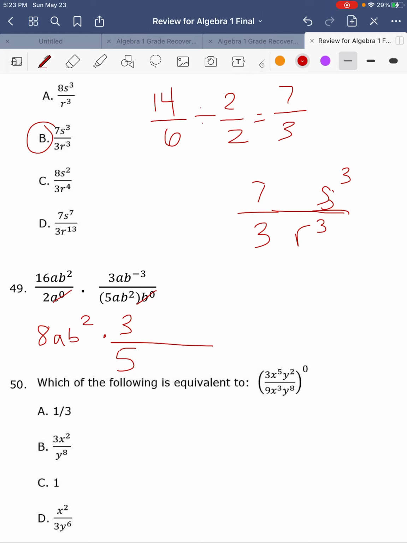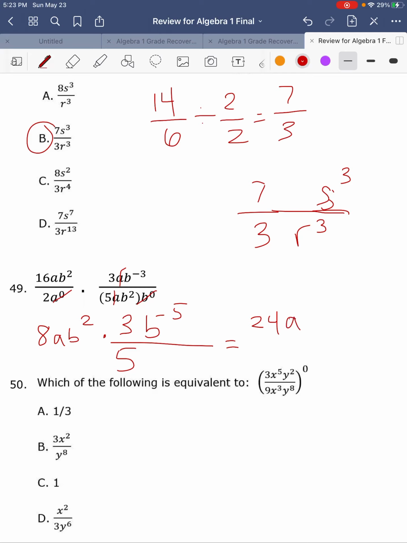Then I have a divided by a. So 1 minus 1 is 0. Those a's are just also going to cancel out. And then I have -3 minus 2. So that'd be b to the power of -5. Then I have to keep simplifying, so I'll multiply these together. So 8 times 3 is 24.